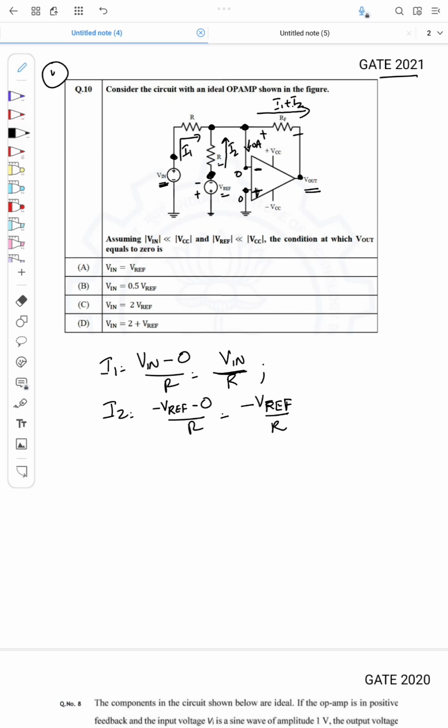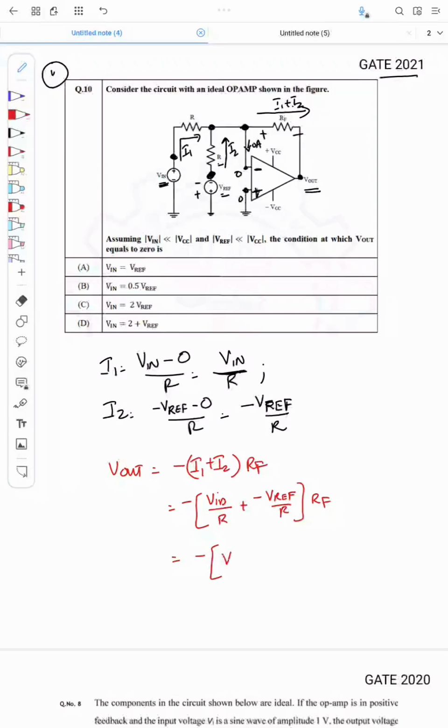So Vout can be written as minus the current through RF, that is minus (I1 plus I2) times RF. Substituting, minus (Vin by R plus minus Vref by R) times RF. Taking R outside, within the bracket it is Vin minus Vref, times RF by R. So this is Vout.